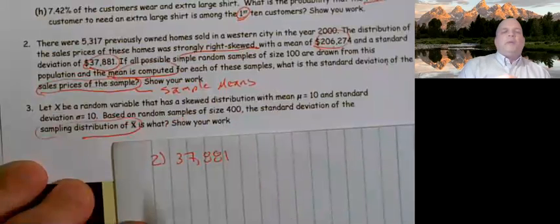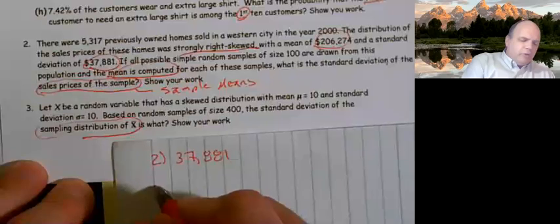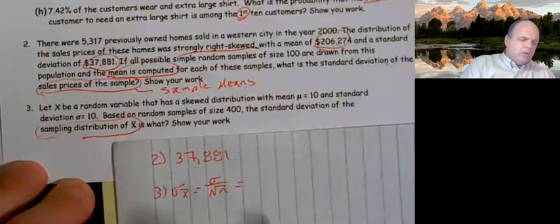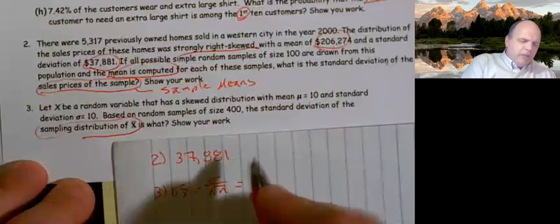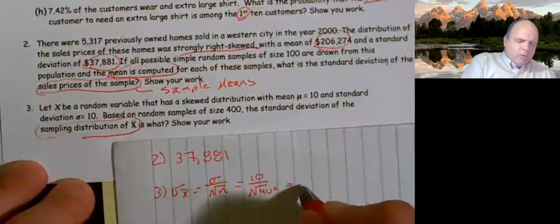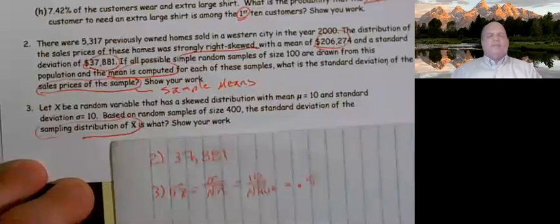Because we're dealing with the sampling distribution of X bar, this is our formula: sigma divided by the square root of n, which in this case would be 10 divided by the square root of 400, which is just 0.5.